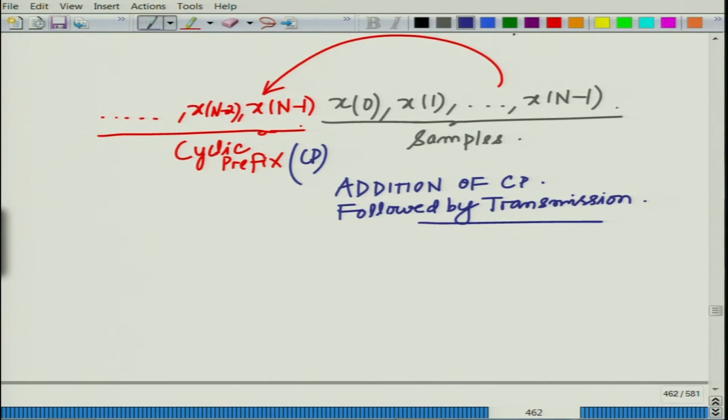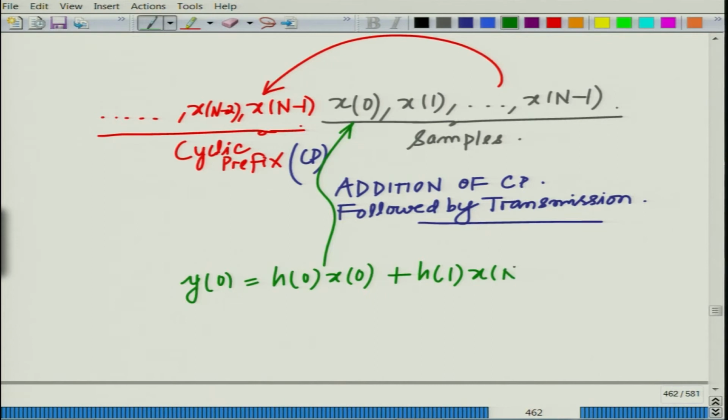Now, what happens when you transmit this? Let us look at the output corresponding to this. So, we have y0 equals h0 times x0 plus h1 times the previous symbol, but what is the previous symbol? The previous symbol is xn minus 1, plus h2 times xn minus 2, plus so on.